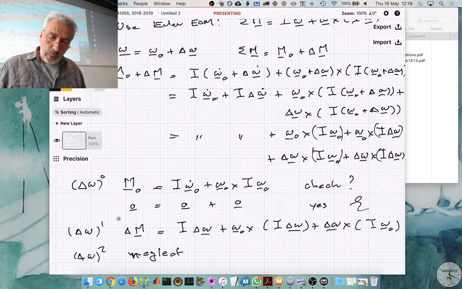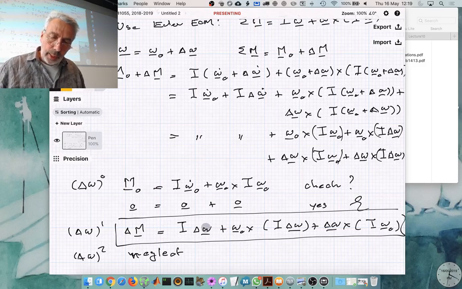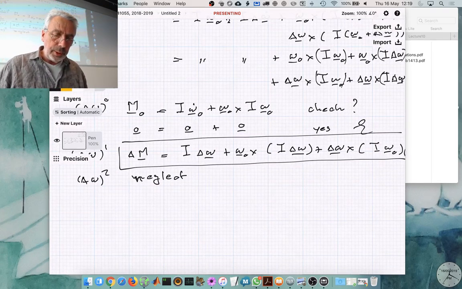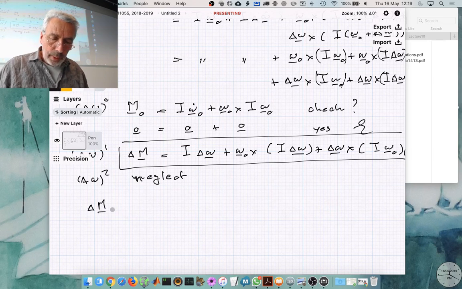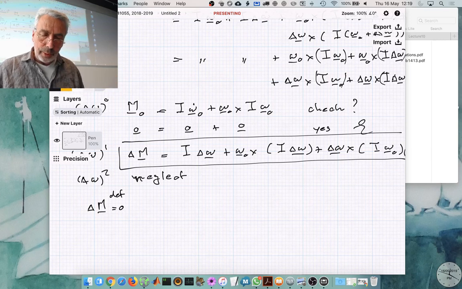So this is the equation we now can use to understand how will the angular acceleration change. Now, looking again at that equation, we're not going to add any torques, right? That's the idea. There are no torques in space and nothing will change. So the delta m is by definition 0. We have no extra torques.